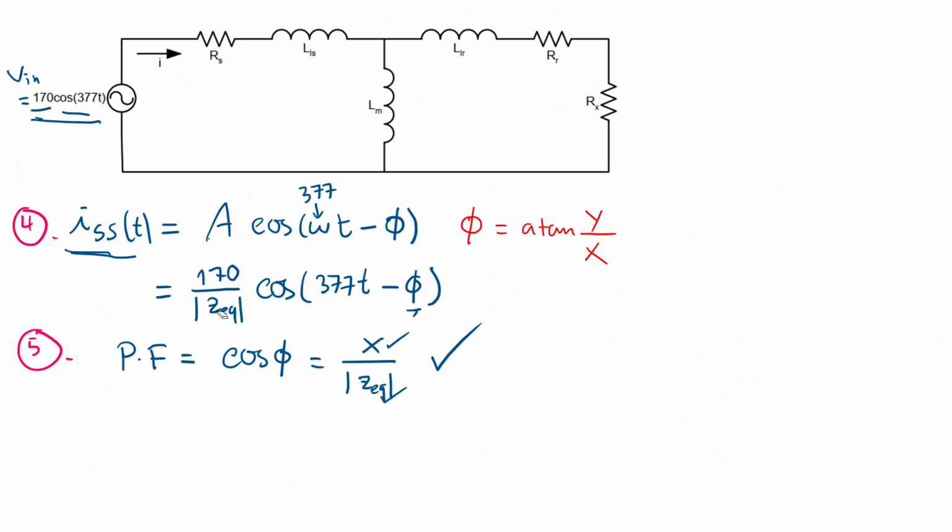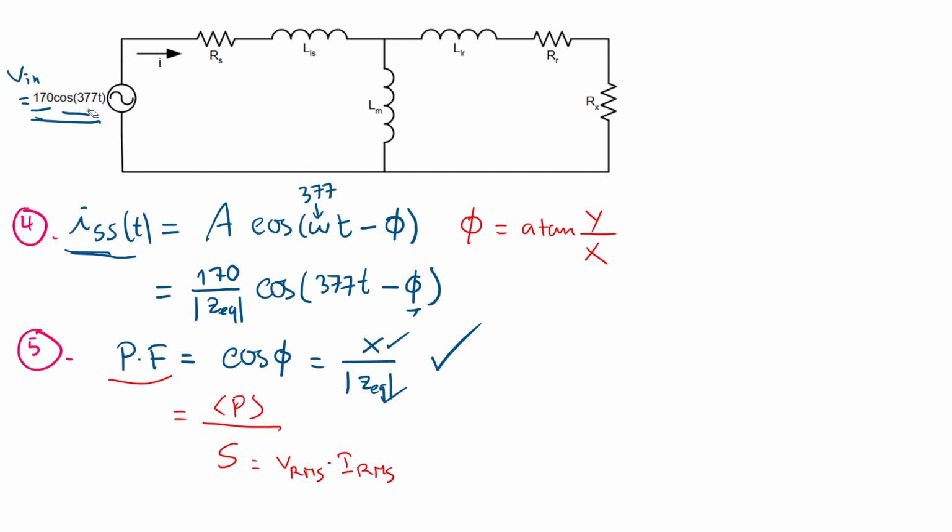And once you have the steady state current, the original formulation of power factor is real power over apparent power. Apparent power is V root mean square times I root mean square. And you can find root mean square easily once you already have the waveforms of current and voltage.